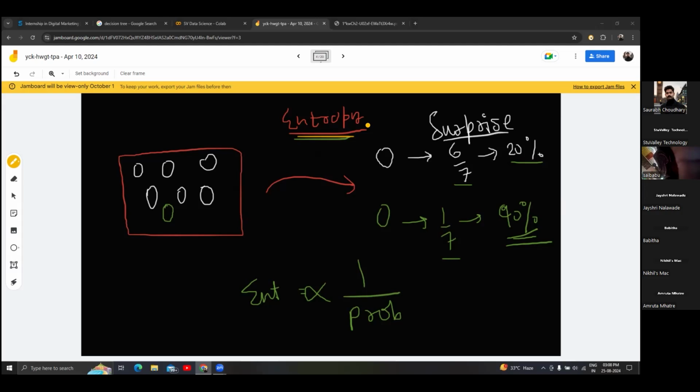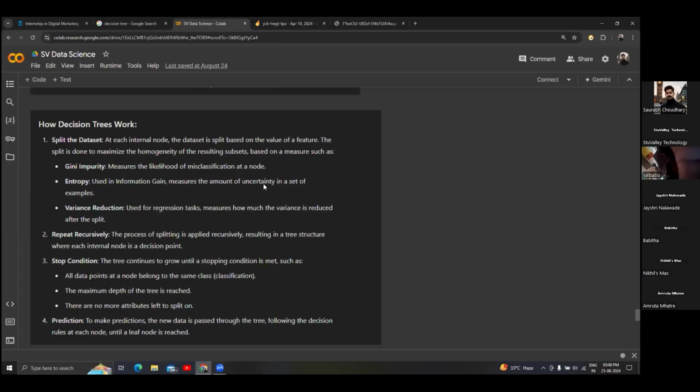It will be surprising as there are very few chances. So entropy is the parameter for finding the surprisingness. They call it uncertainty.